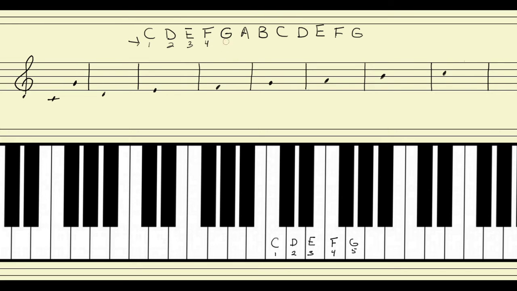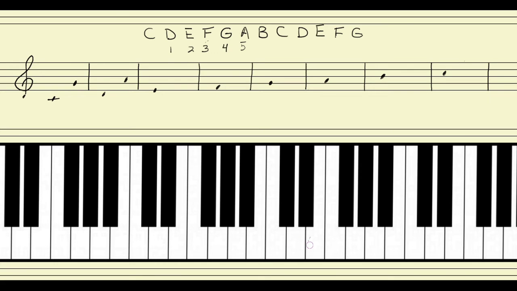Let's go from the interval D. So if I go up here to my letter names, D, we're going to find the interval of a fifth above D. D is 1, E is 2, F is 3, G is 4, A is 5. So the interval of a fifth above D is going to be A. And I can come down here to my keyboard, and I can do exactly the same thing.